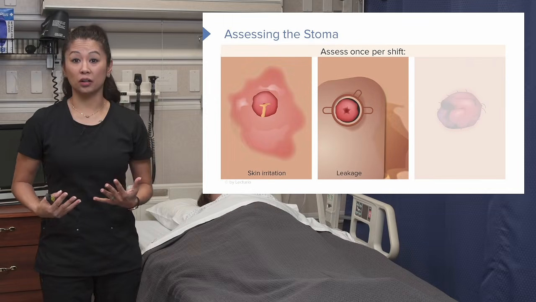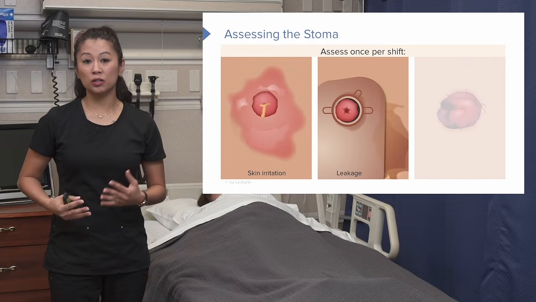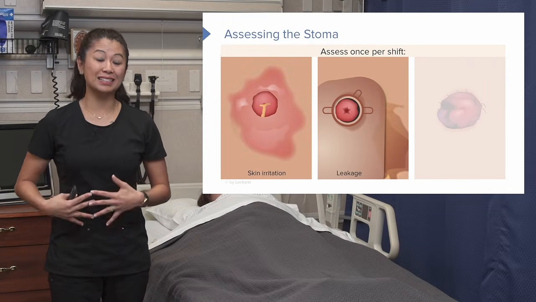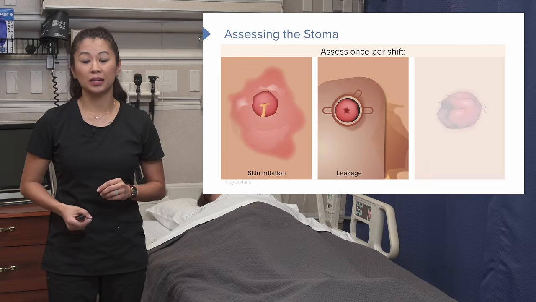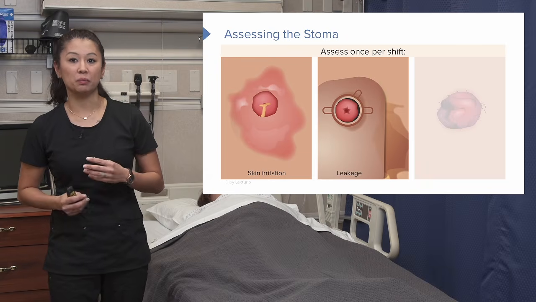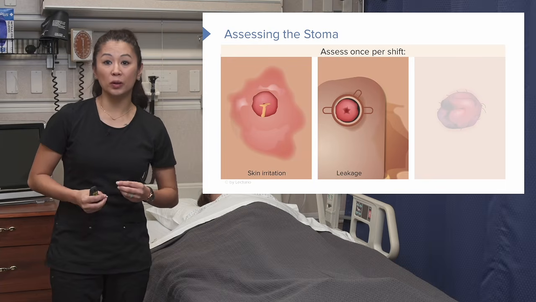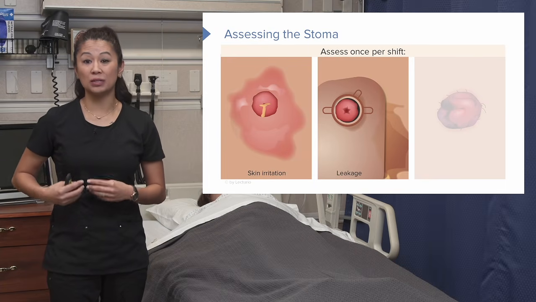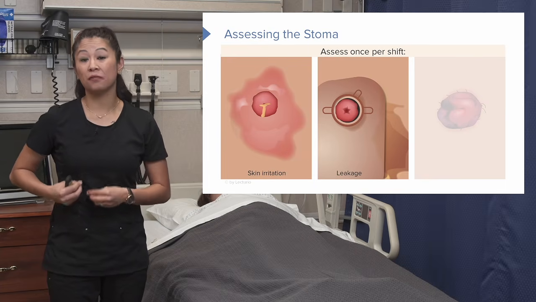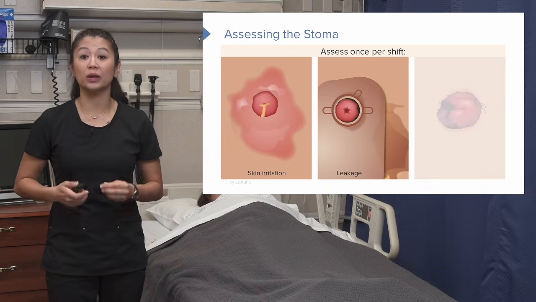Also, leakage can occur. If stool gets on the patient's skin and leaks around, that can cause issues. Sometimes that may happen because of the way the stoma was created surgically, or maybe the appliance we use to catch the feces is not fitted very well. So that's something we can prevent.